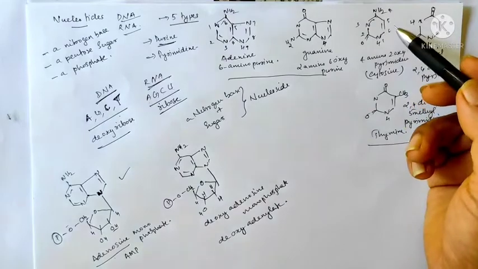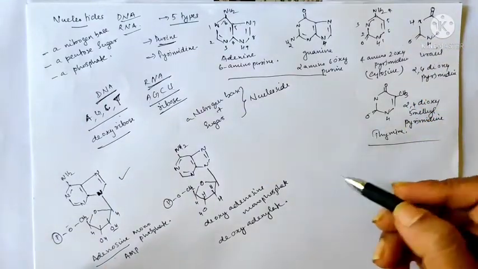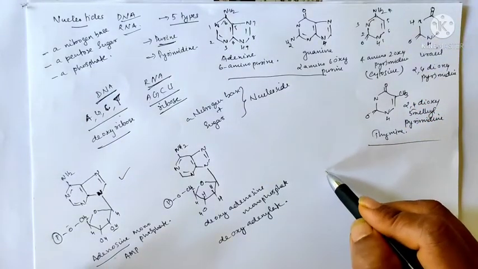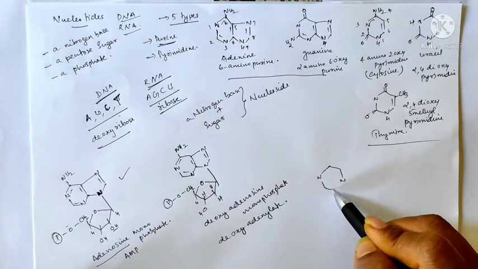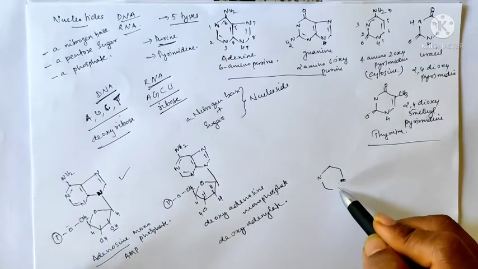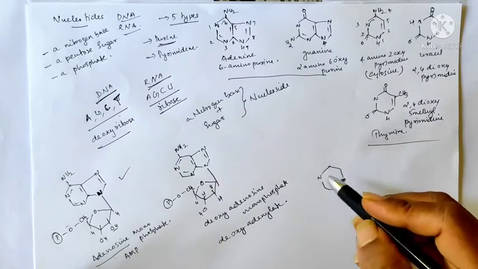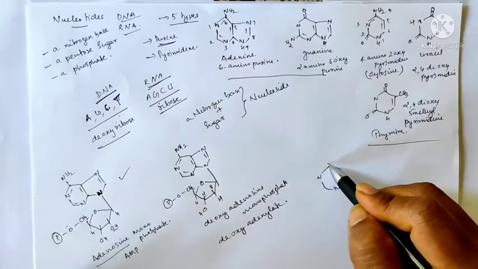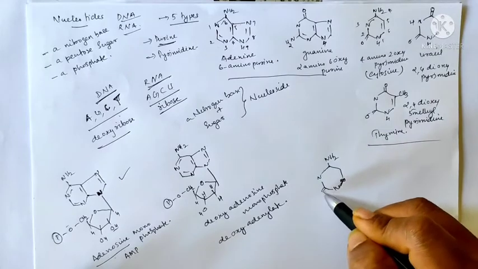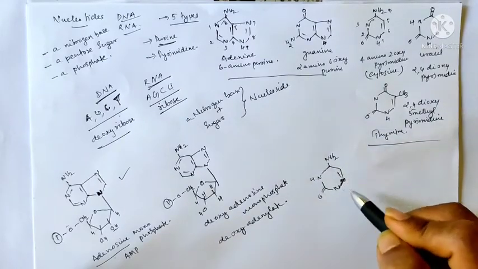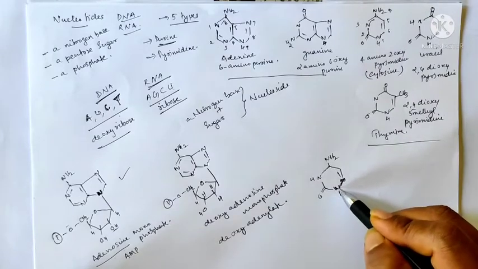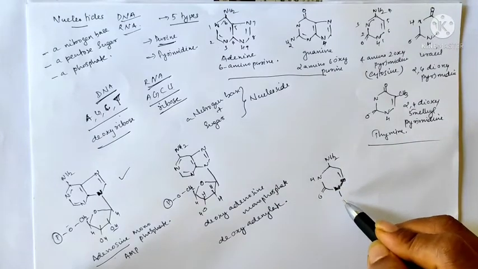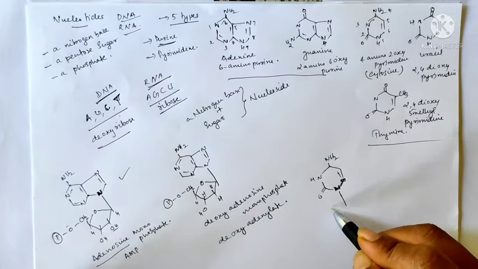Then in the case of pyrimidine nucleotides, the hydrogen at the nitrogen on the first position is replaced by a pentose sugar.